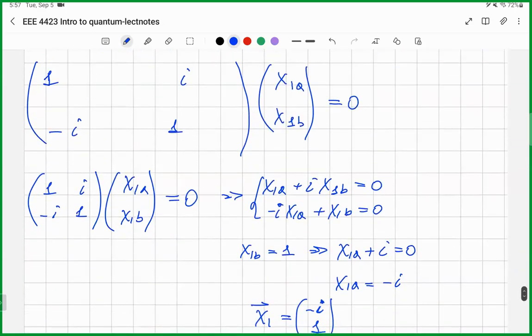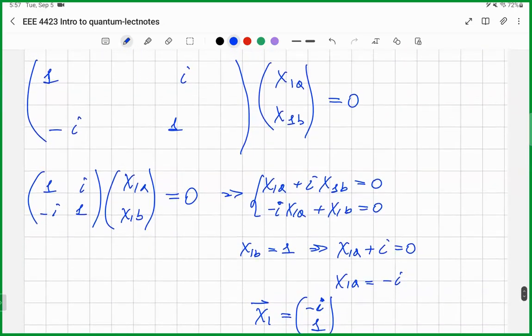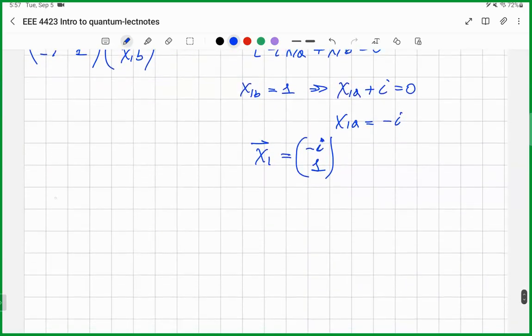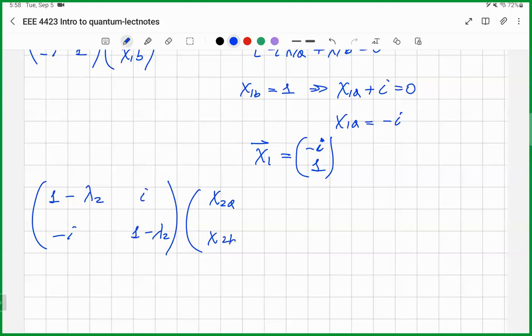Second eigenvalue is 2. It means that y minus 2. So 1 minus lambda second, then i, minus i, y minus lambda second, x2a, x2b equal to 0. All right.